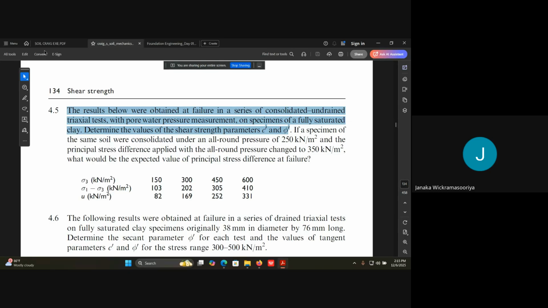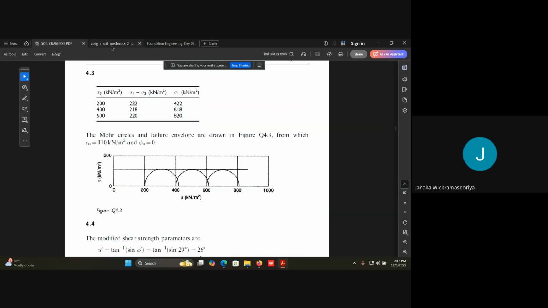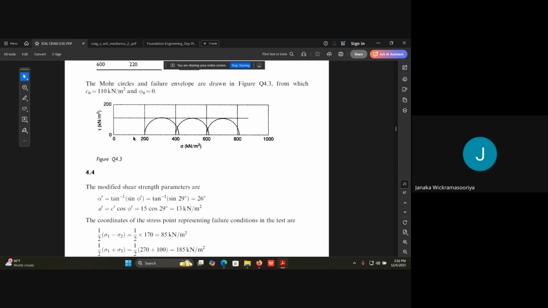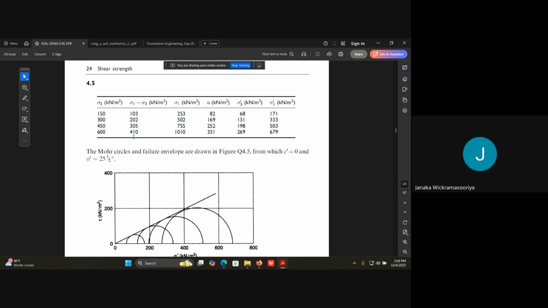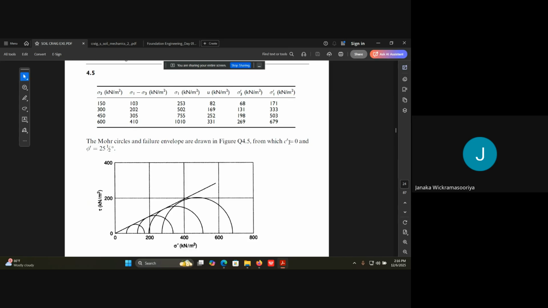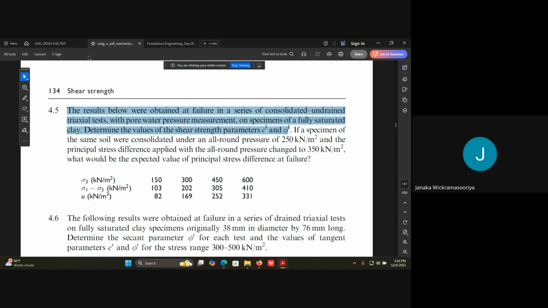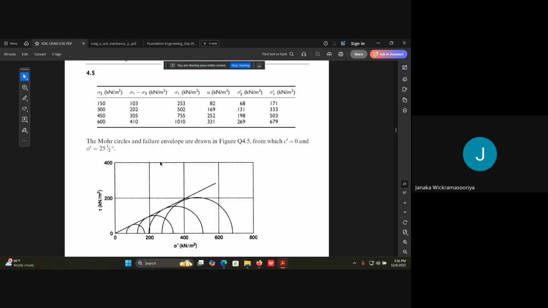So this would be the answer. C dash would be 0, and so this will be the table, and they have drawn this, 4.5. Yes. So the next question is very interesting. So you can complete up to this point.